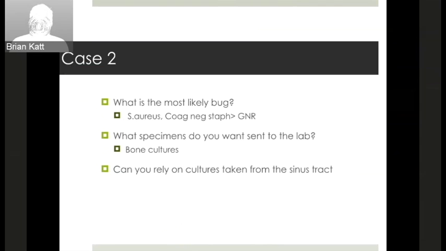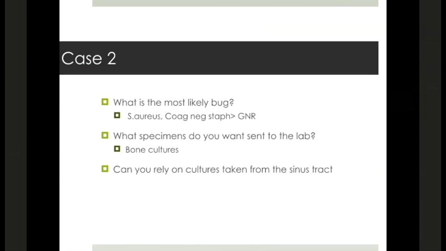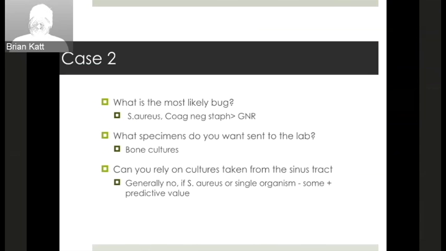So bone cultures. Can you rely on cultures taken from the sinus tract? This is a big take home point. The answer is generally no. Cultures taken from sinus tracts are generally unreliable unless Staph aureus is isolated or there's a single organism.